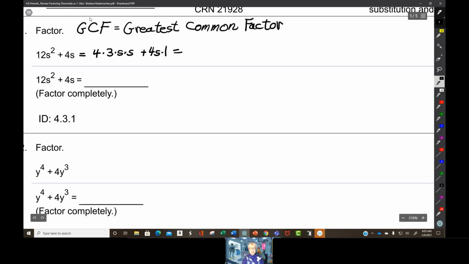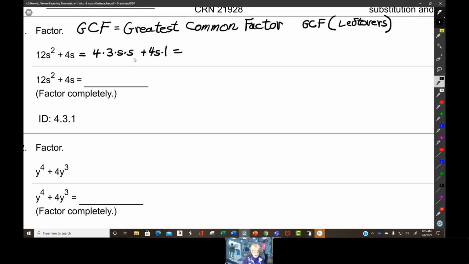The way we set up factoring by GCF, we put the GCF first, usually. Then we put parentheses, and then we put the leftovers. And you'll see what I mean by that. All right, so first I have to decide what the GCF is.